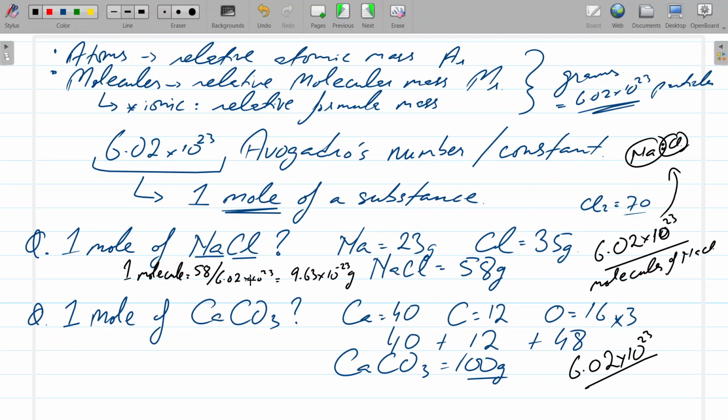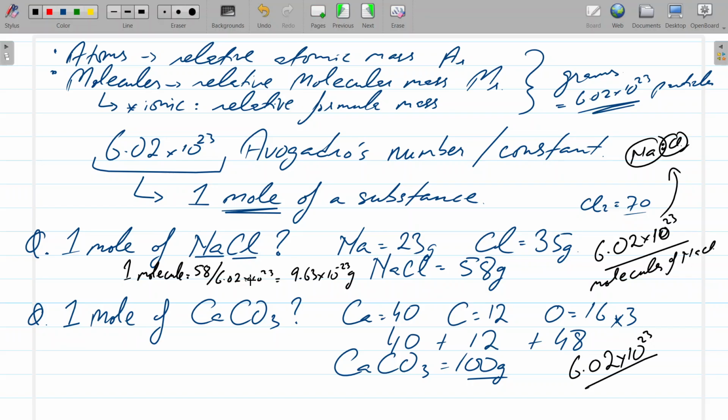They're not going to ask you the mass of one molecule, but I'm just doing this to put things into perspective for you, that individual molecules weigh very, very little. So obviously you're not dealing with individual molecules, you're dealing with lumps of things, actual measurable masses that you can work with.